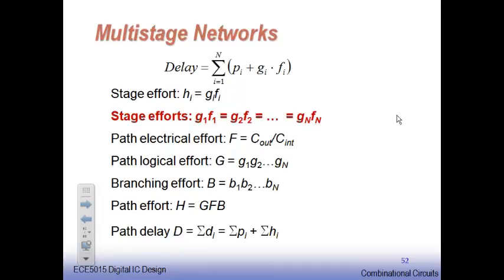Understand? So if I have multi-stage networks, we were talking about only one stage. When I talk about branching, naturally I am taking into account a number of stages where branching occurs. Now the delay is going to be its own intrinsic delay for a particular Pi, if I have the ith stage.